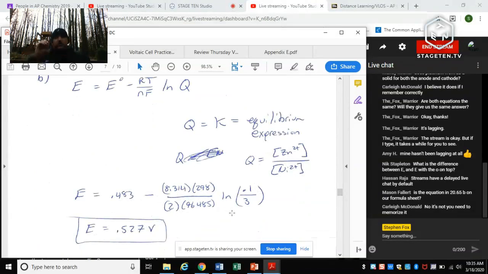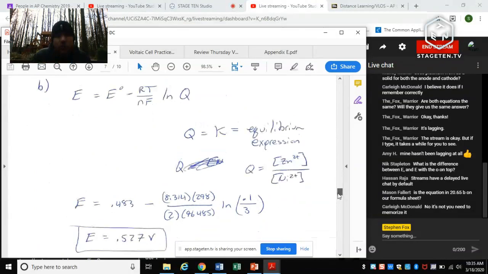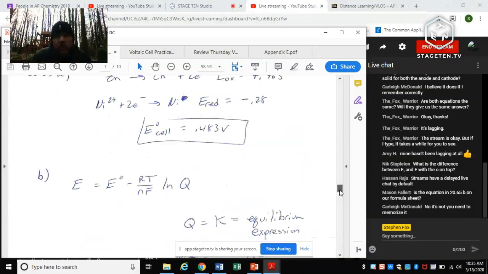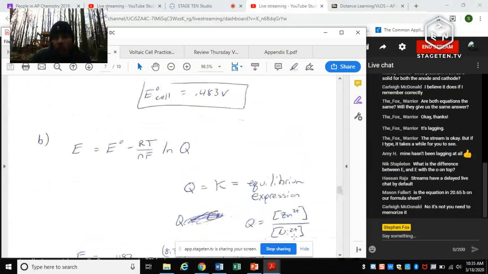Now let's talk about this in terms of Le Chatelier's principle. If you look at the overall reaction, zinc is a product and nickel is a reactant. Now let's think, at standard conditions, those concentrations are both 1. So what would Q be there? It would be 1 over 1.